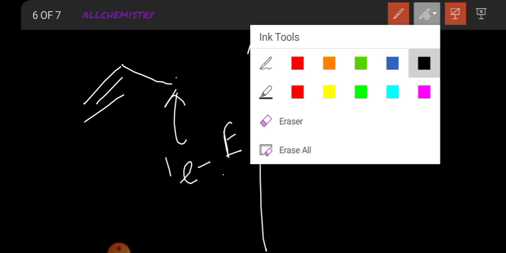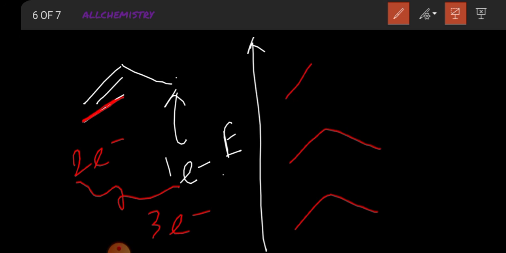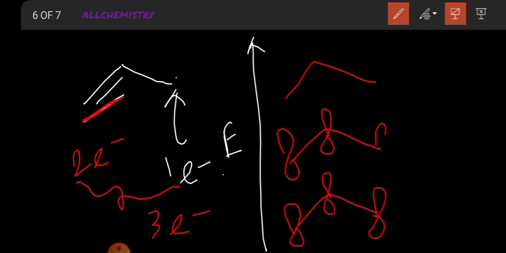Look, for radical, count electrons. For the radical, 1 electron. For the pi bond, 2 electrons. So in total there will be 3 electrons and 3 MOs. Now draw the orbitals, 1, 2, 3.